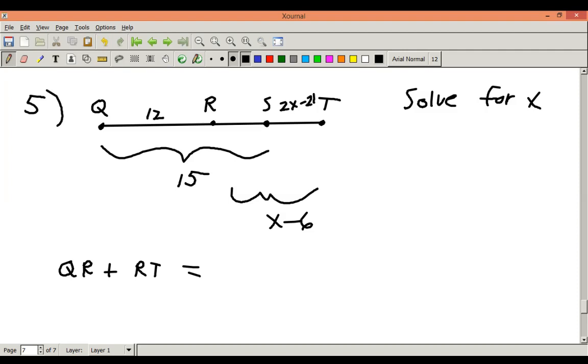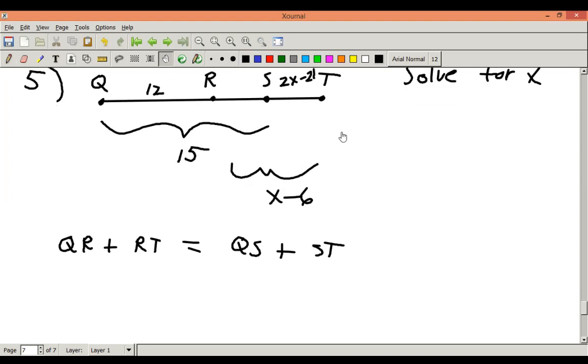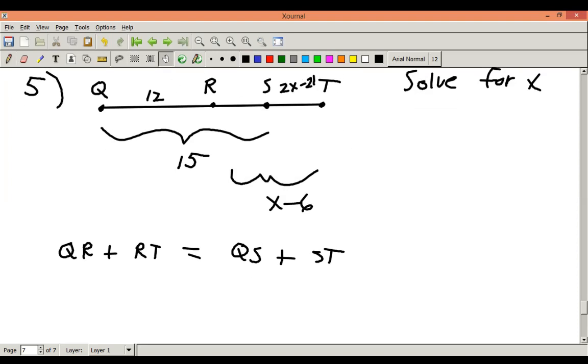That's QR plus RT adds up to the whole segment, is going to be equal to segment QS plus segment ST, because QS and ST also add up to the whole segment. So you can write an equation from that information and then plug in this information that you're given, and that'll set you up an equation which you can solve for x.